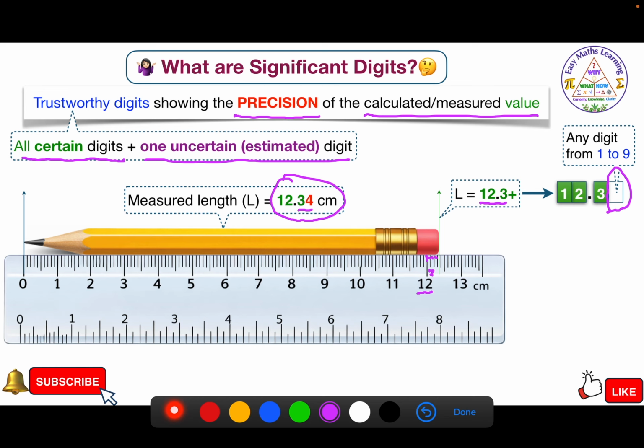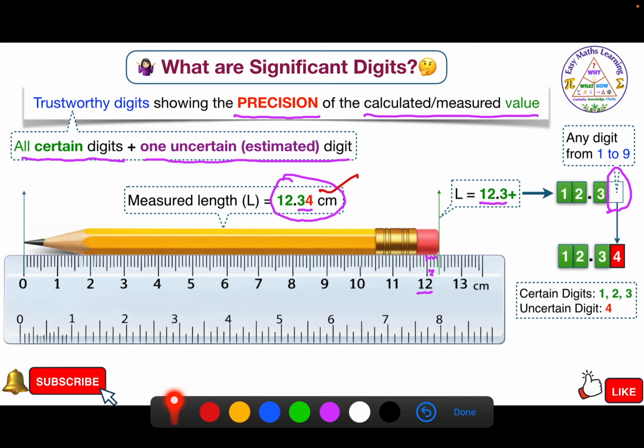As the pencil length is measured and recorded as 12.34, that means the last digit 4 is not measured by the given scale. It is estimated or measured with uncertainty. Hence, digit 4 is the uncertain or estimated digit.